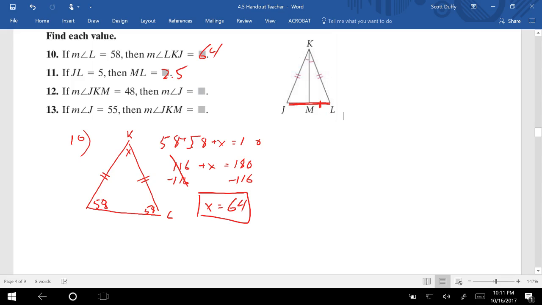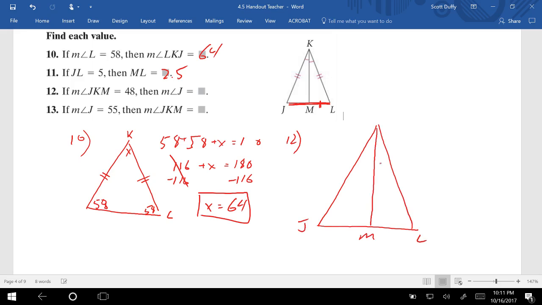I'm going to redraw this for number 12, so I have more room to write inside. JKM is 48. Angle J. Okay, well, if I know that this angle is equal to this angle, this is the angle bisector, which makes this the perpendicular bisector because this is an isosceles triangle.